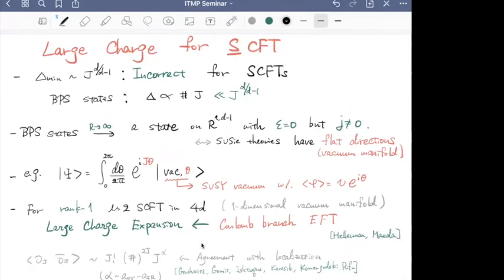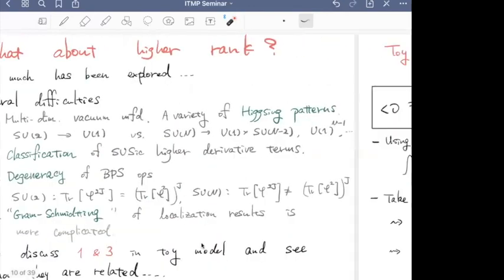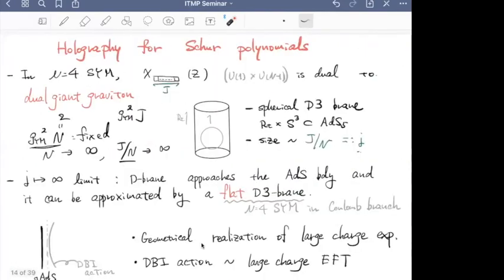Maybe a tiny little question. There must be some overlap between integrability and this large charge expansion, right? Where you can compute from both sides and literally compare, and maybe even prove that something is identical. Okay, that's a very interesting question.